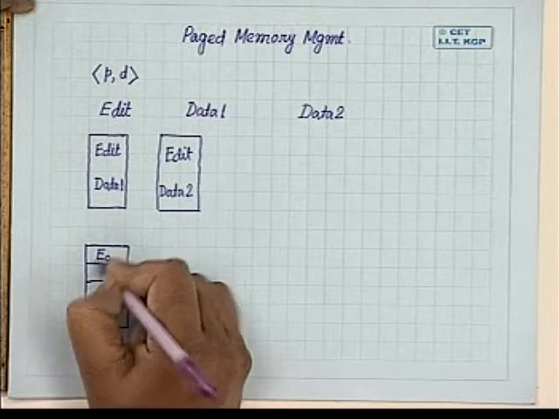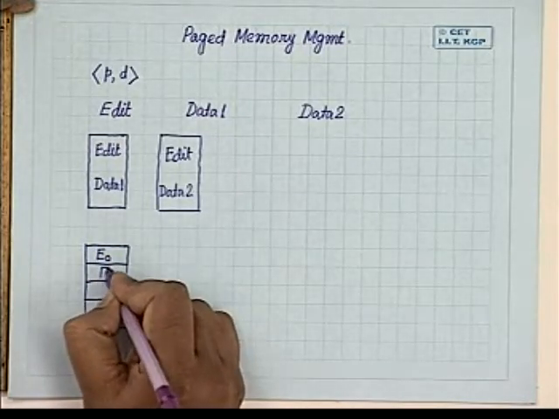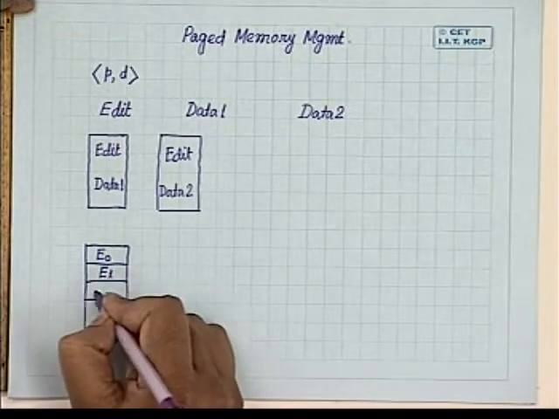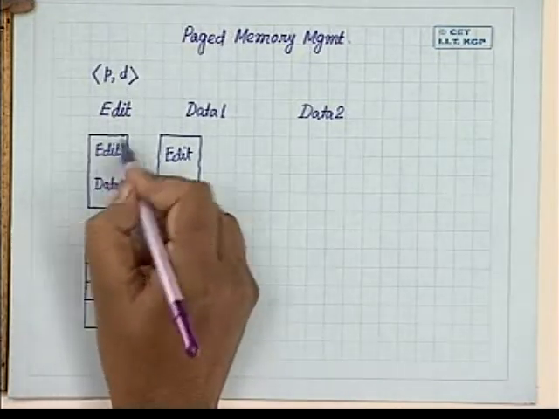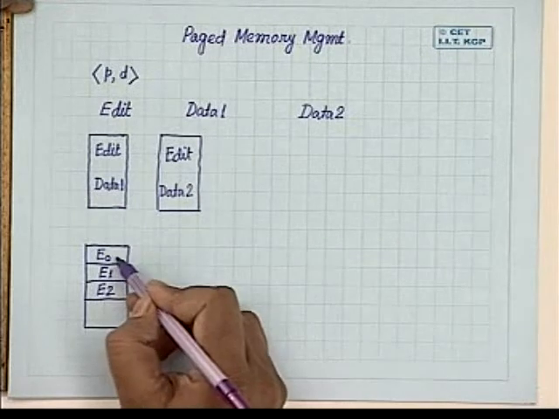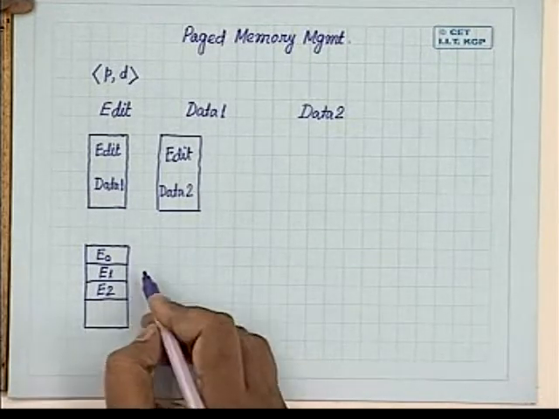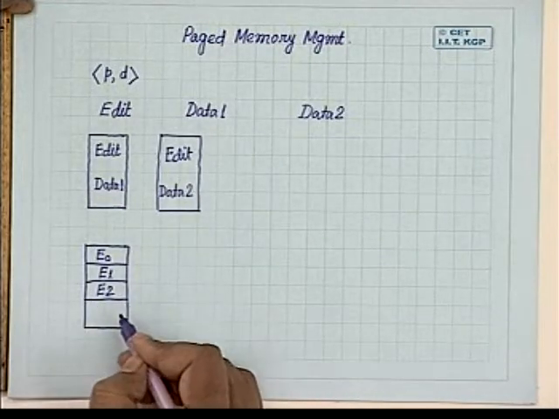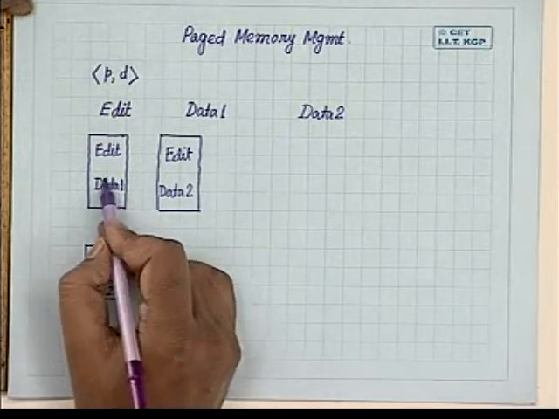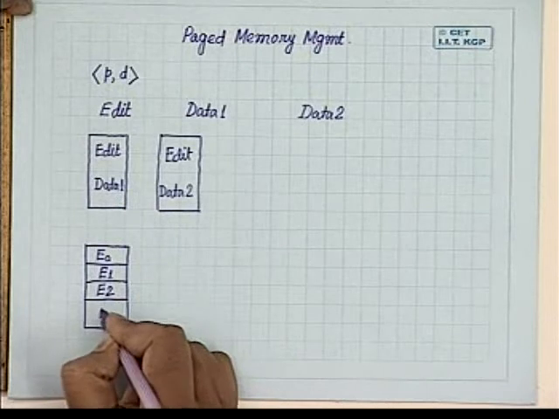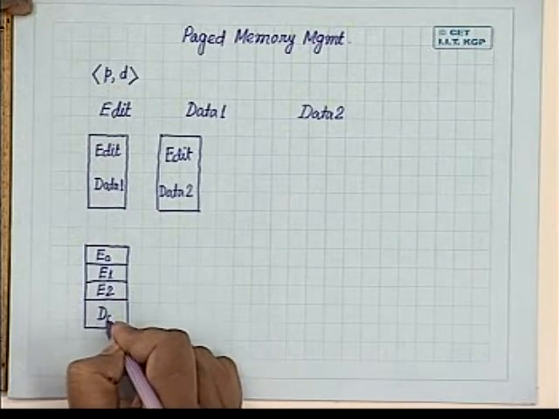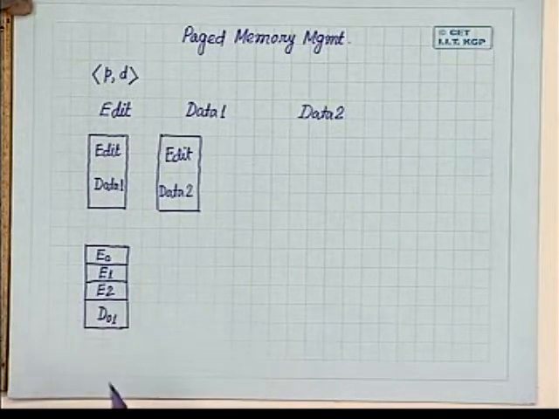Say page number 0, E0, then E1 and E2. Suppose the logical space for the edit code is divided into 3 such pages, E0, E1 and E2. For the data part, it will be a different page. So if this data is contained in a single page, this will be say D0 for user 1. So I'll put it as D01.